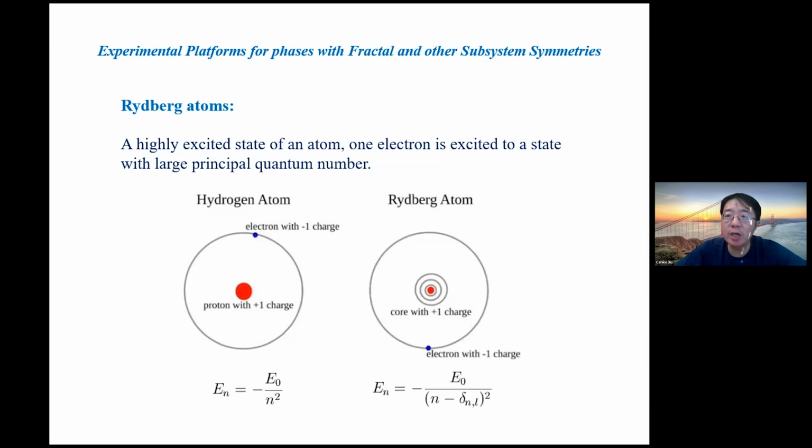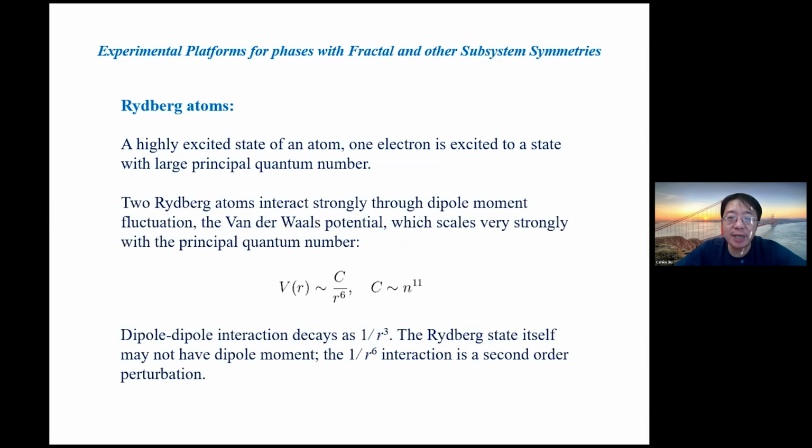Two very large Rydberg atoms interact with each other through a pretty strong van der Waals potential. The van der Waals potential comes from the fluctuation of the dipole moment. For two objects with a permanent dipole moment, the dipole-dipole interaction will decay like 1 over r cubed.